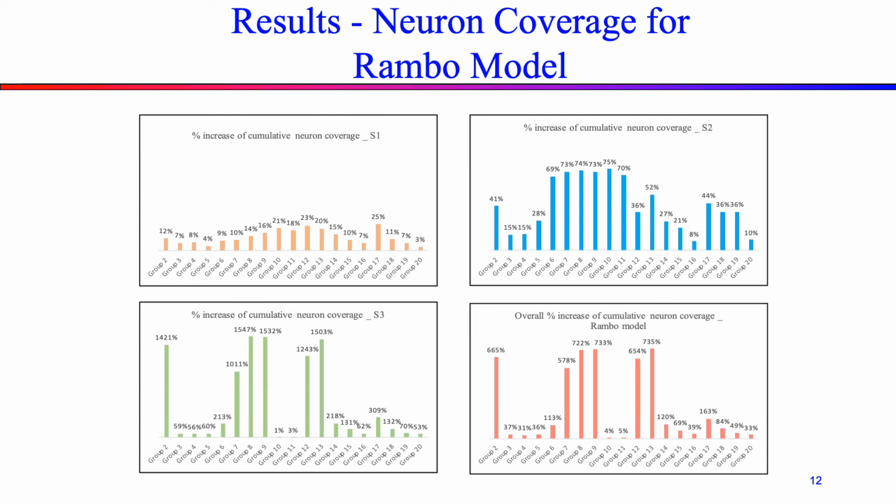In the case of group 10, the seed image covers almost 96% of neurons, and for group 11, the respective seed image covers around 94% of neurons. Therefore, T-way test sets created for these two groups result in a marginal increase in neuron coverage. Overall, the results suggest that the T-way test increases the neuron coverage significantly.